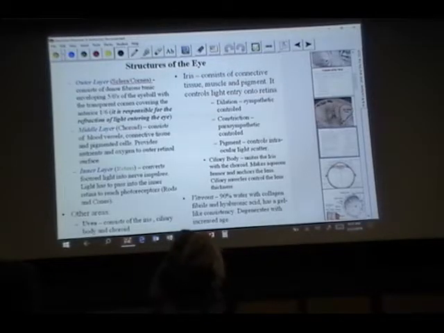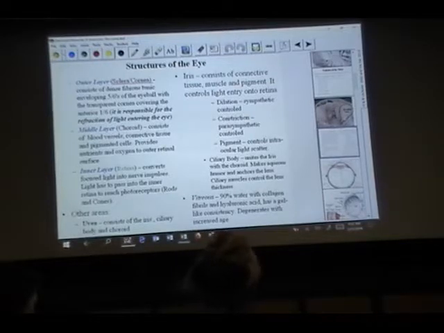Behind the lens is a thicker liquid, which primarily gets its thickness from a molecular agent called hyaluronic acid, and this has a gel-like consistency. This is called vitreous humor. It's about 90% water, but it also has the hyaluronic acid in it, which gives it a little bit more body as a fluid. And this helps to keep the inner surface of the retina healthy.